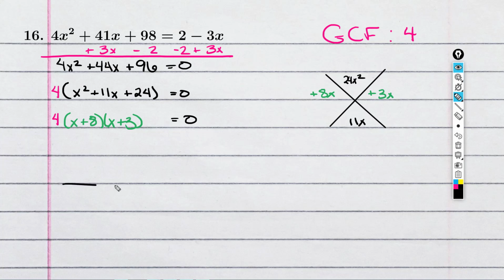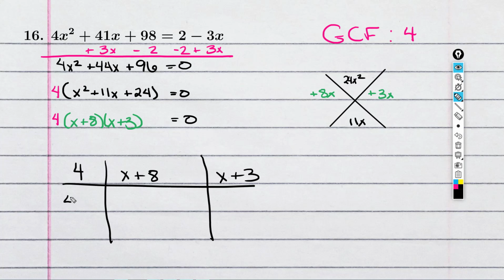And then we're going to do our chart. This time we have three factors. We have the 4, the x plus 8, and the x plus 3. So 4 can't equal 0, so we ignore that one. X plus 8 equals 0. We gotta move 8 to join the 0, and we have x is equal to negative 8.